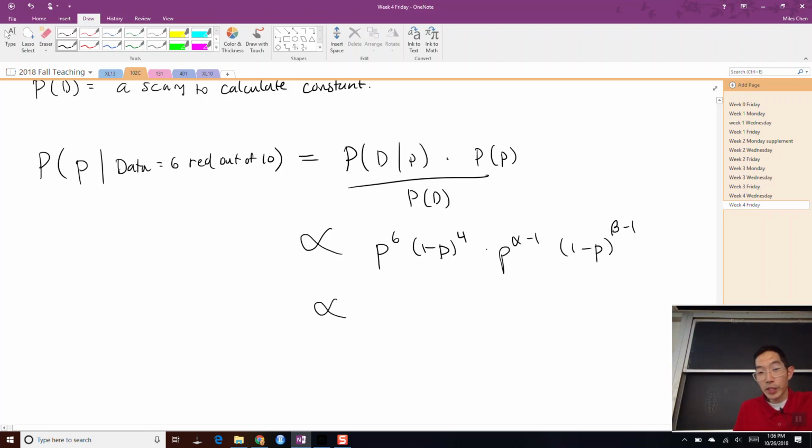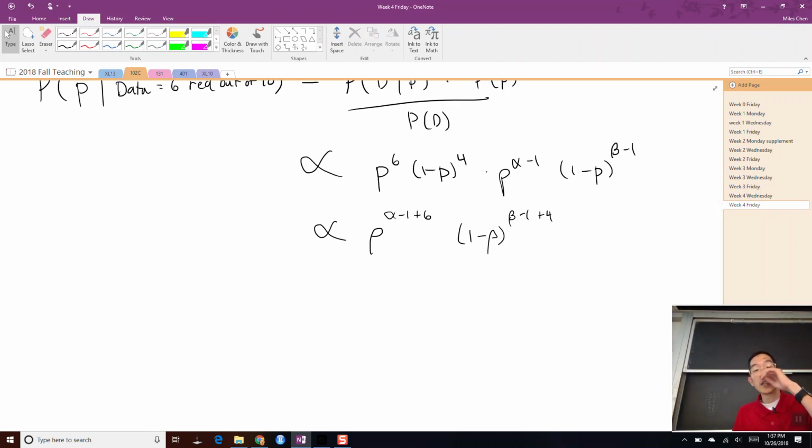All right, so this being the binomial likelihood and this being the beta prior, these combine nicely, and we have P to the alpha minus 1 plus 6, and 1 minus P to the beta minus 1 plus 4. And then it's got to be multiplied by some constant so that the thing integrates to 1. Well, is this in the form of a PDF that we know?